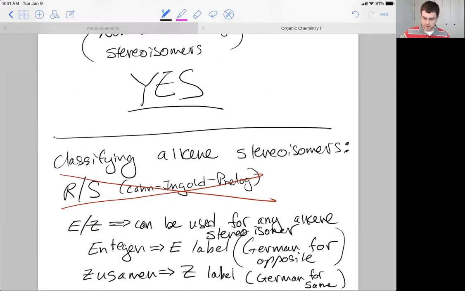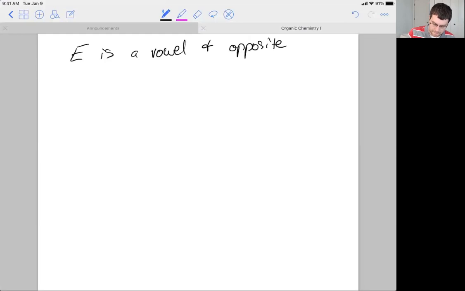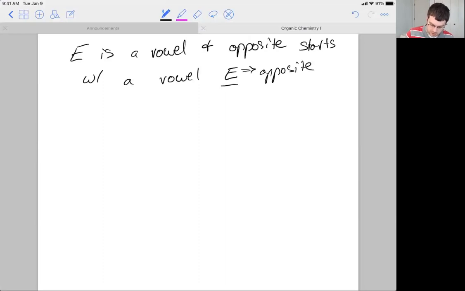And we'll get to a helpful mnemonic for that, so maybe I'll just say it right now. E is a vowel, and opposite starts with a vowel. So E stands for opposite. And this is just if you don't know German, which is me. So E, opposite.